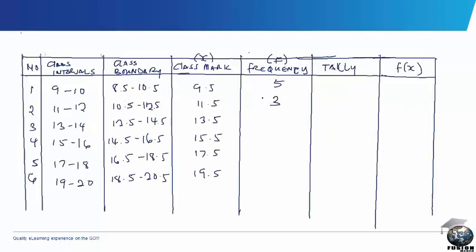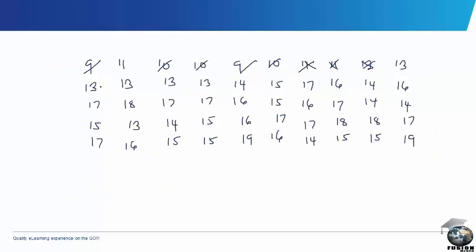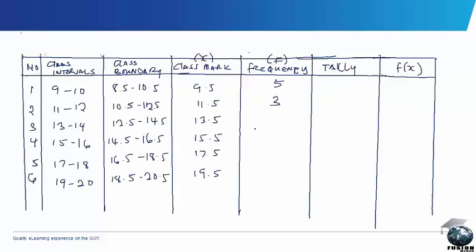And so under 13 to 14, we have 1, 2, 3, 4, 5, 6, and 7, 8, and 9, and 10, and 11. All right, we don't have any other 13 to 14, so under 13 to 14 we have 11 digits that fall under this group.